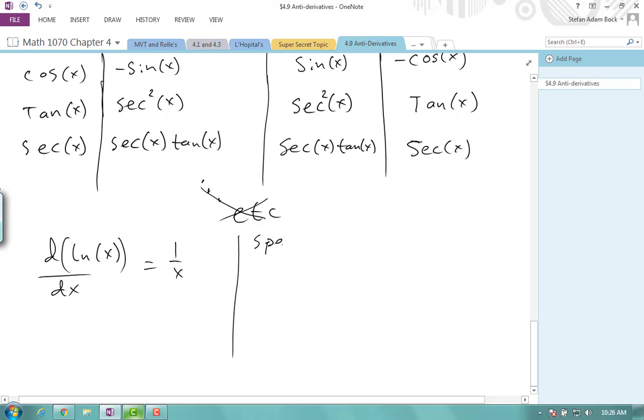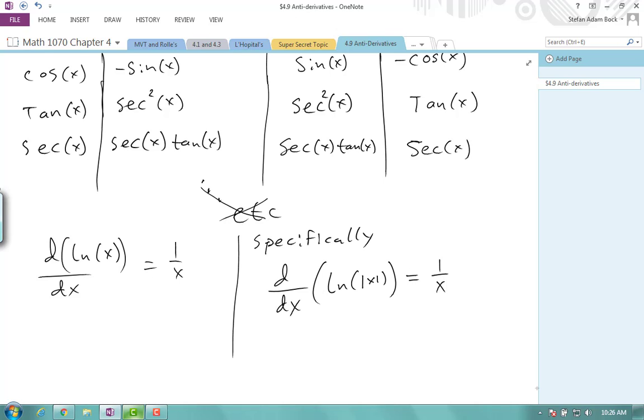So specifically, the derivative of this other function, the natural log of the absolute value of x, will also be equal to 1 over x. And I can check that simply by doing the two cases of the derivatives, if I have a positive x value or a negative x value, since x is never equal to 0.